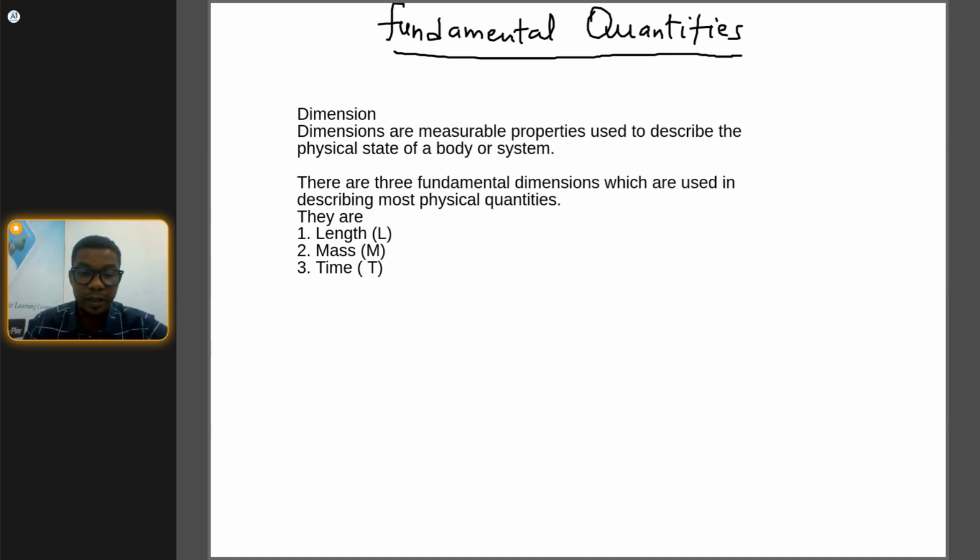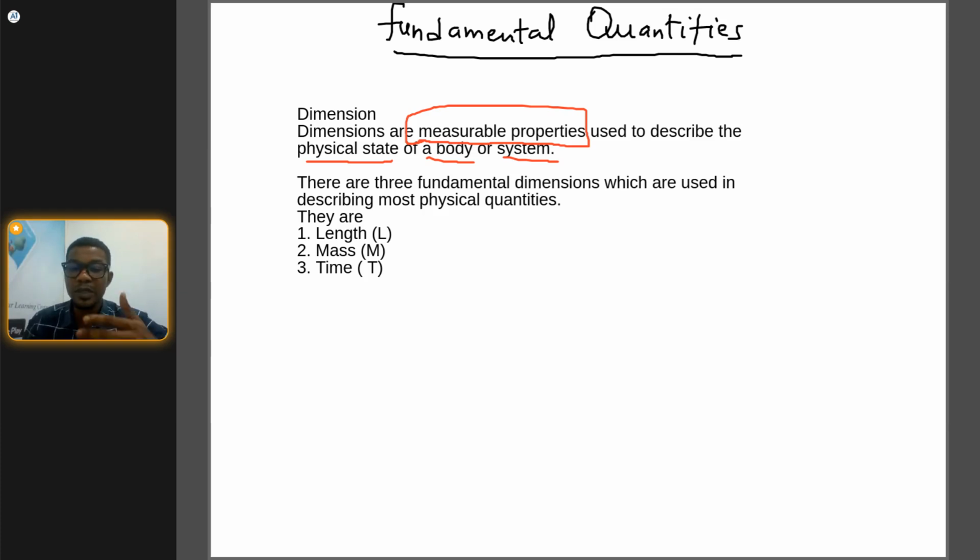We are trying to break down the definition. Measurable property used to describe a physical state of a body or a system. Now we are talking about dimension under fundamental quantities, and the definition says that it is the measurable property used to describe a physical state.